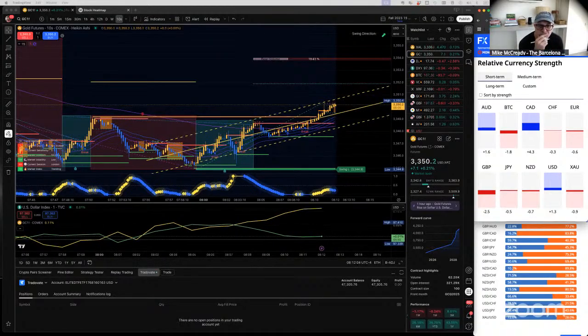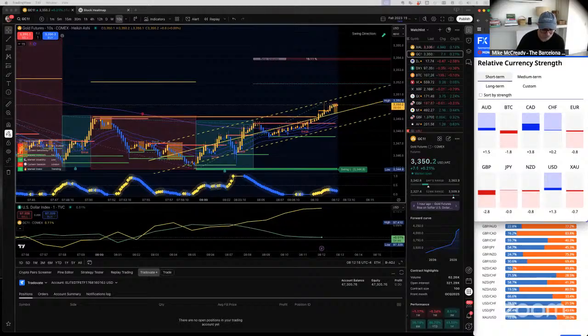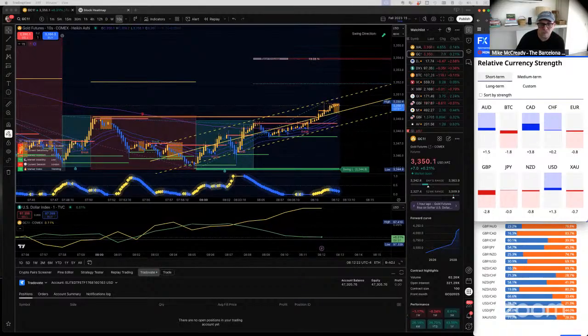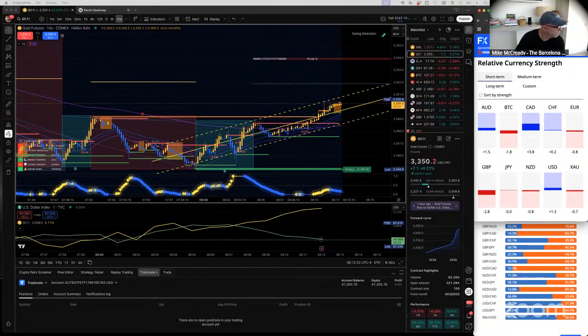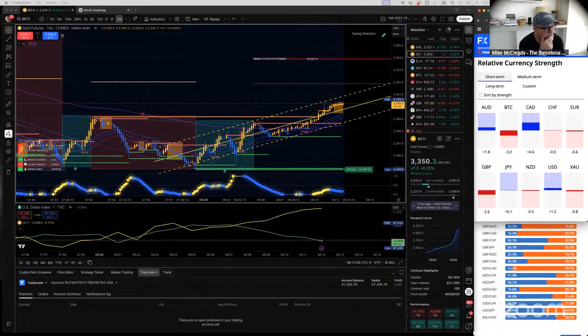I'd like to see candles a little bit stronger than that. Got some resistance coming up here on the 1 minute Heikin Ashi chart on T4, so I'm going to hold off.